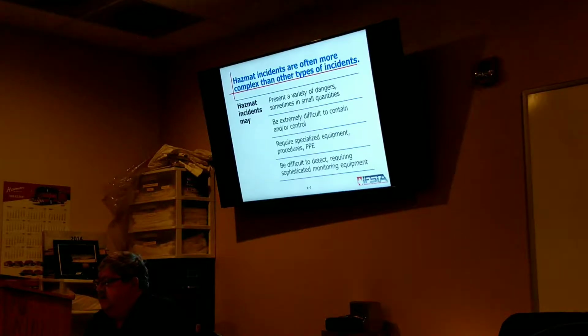Sometimes these hazmat incidents are more complex than any other type of incident. Present a variety of dangers, sometimes in even small quantities. Okay? Take radioactive stuff. Does it go through here? Pay attention because it does. How many of these medical trucks go through?